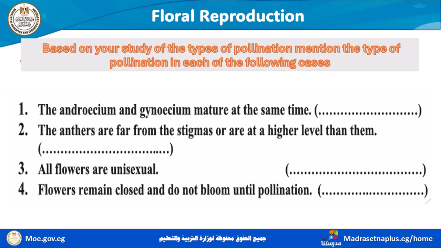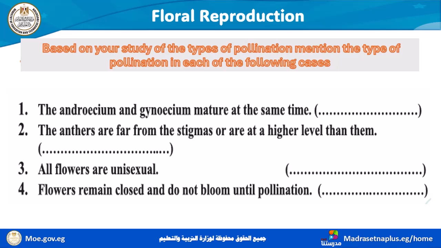Now, based on your study of the types of pollination, try to mention the type of pollination in each of the following cases. Number 1, the androecium and gynoecium mature at the same time.